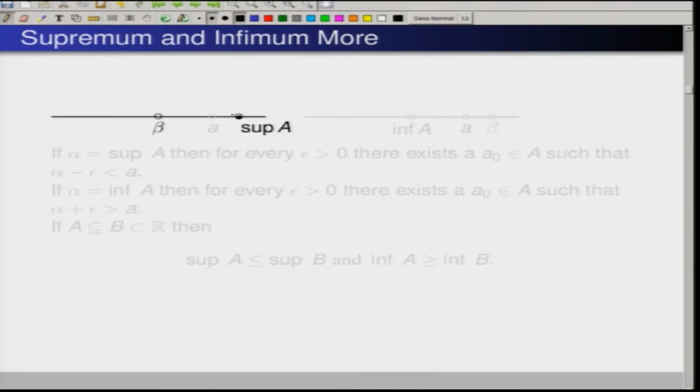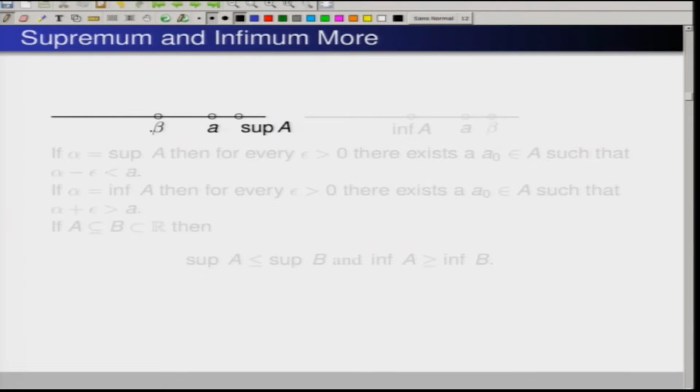Now, I take a number beta to be less than the supremum, then definitely there will exist some element of this set A between this beta and the supremum, because the supremum is going to be the least upper bound. Therefore, anything which is less than that number cannot be an upper bound.